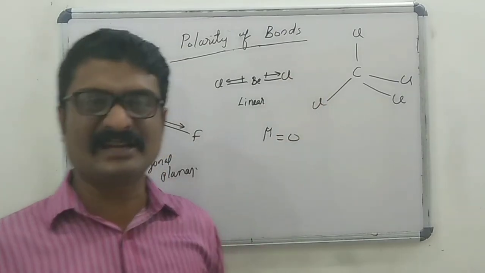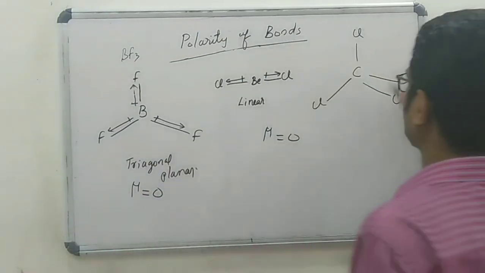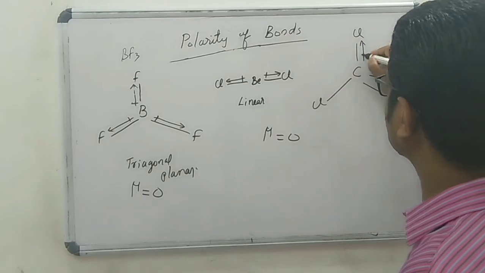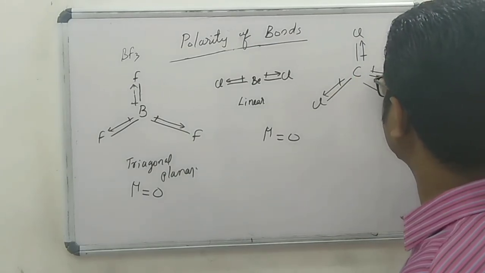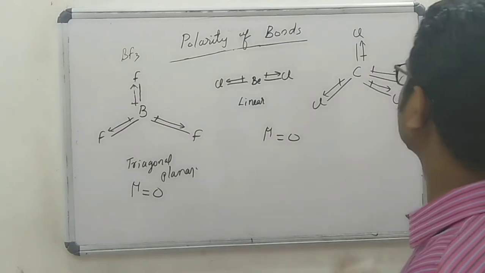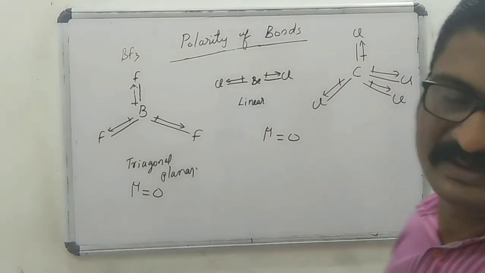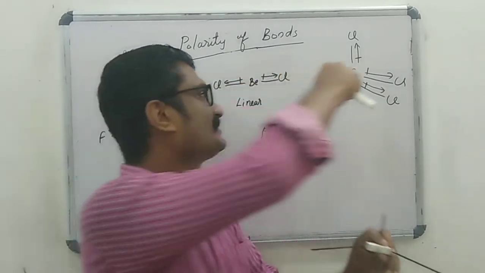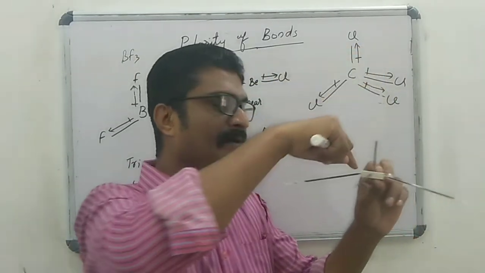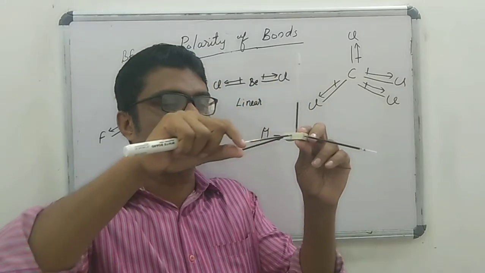Then next, CCl4. In CCl4, the bond moments point towards the more electronegative chlorine. In carbon tetrachloride, these two carbon chlorine bonds lie in the same plane.